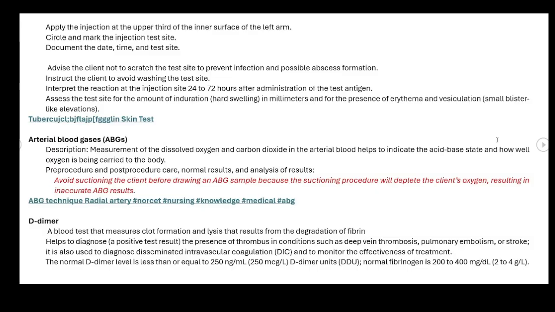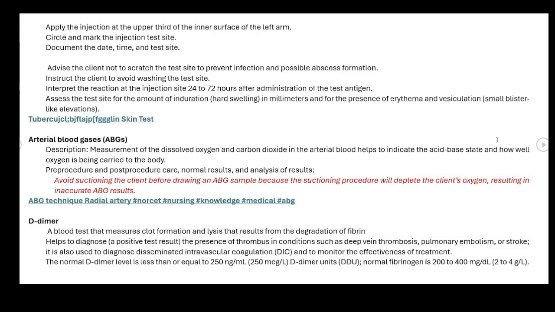Instruct the client to avoid washing the test site area. Interpret the reaction at the injection site 24 to 72 hours after the administration of the antigen.